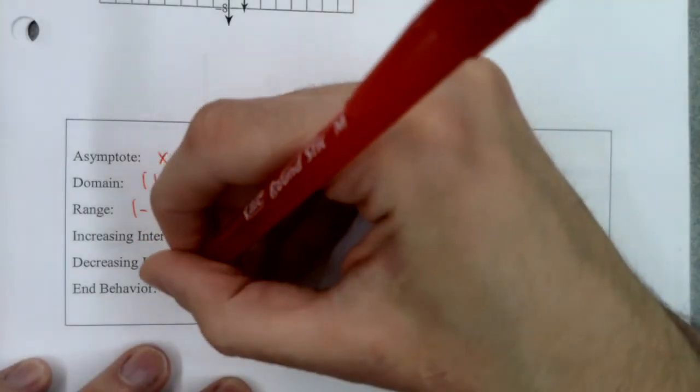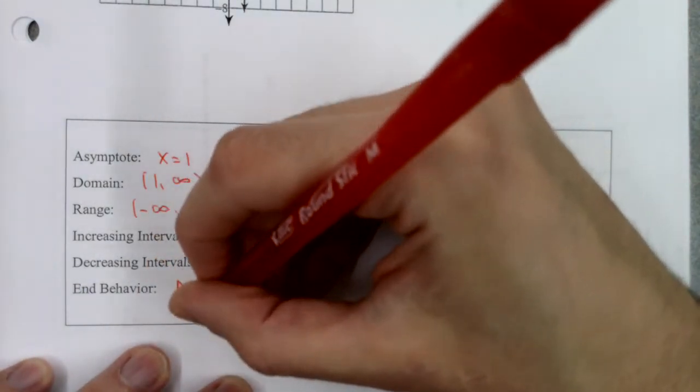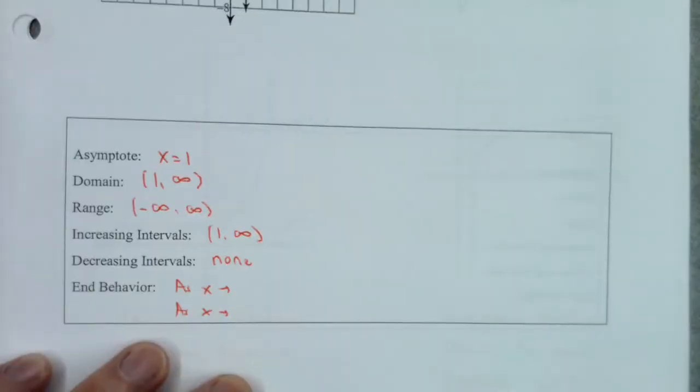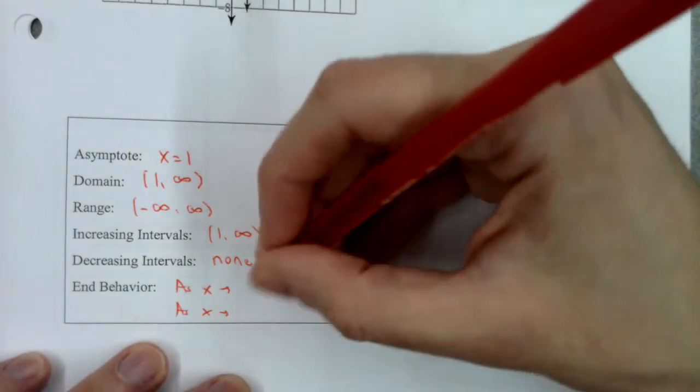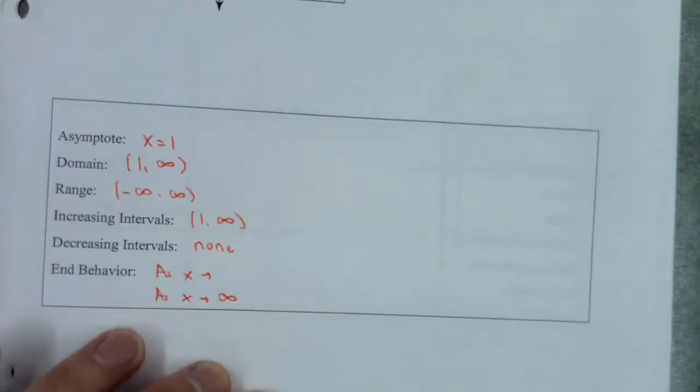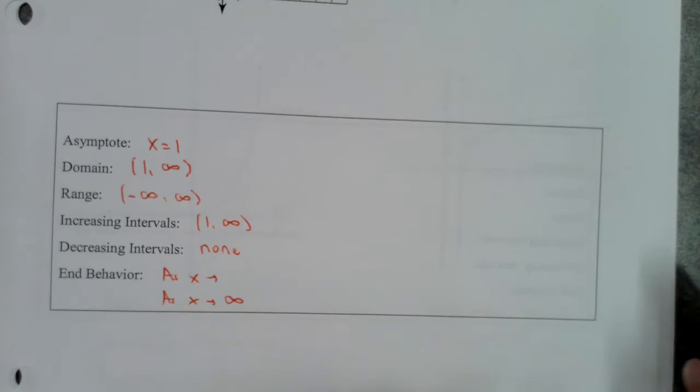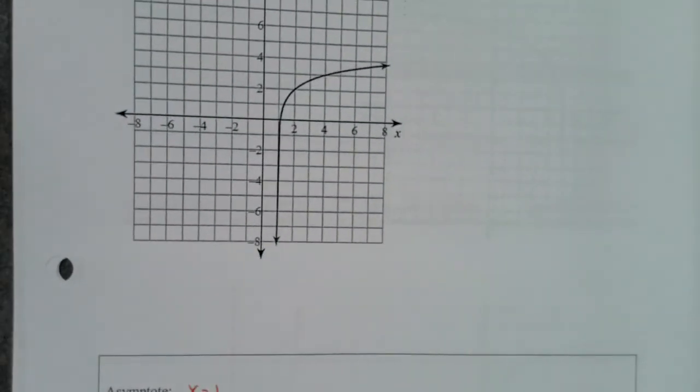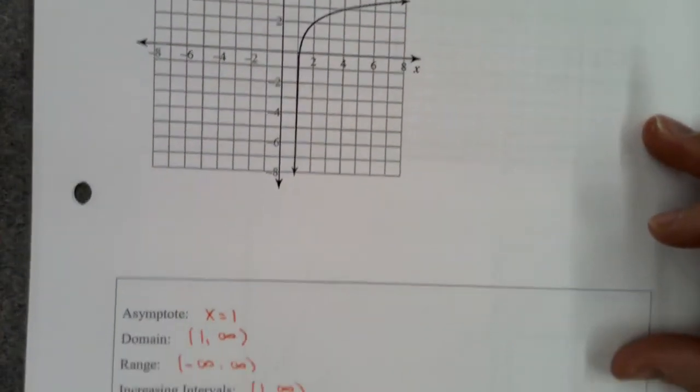And that leaves the end behavior. What's happening at the 2 ends of the graph? So one of them is going to be as x approaches infinity, like usual. But this graph never actually approaches negative infinity. So for my other end, I'm going to say what happens as x approaches 1, because that's the other end of the graph.